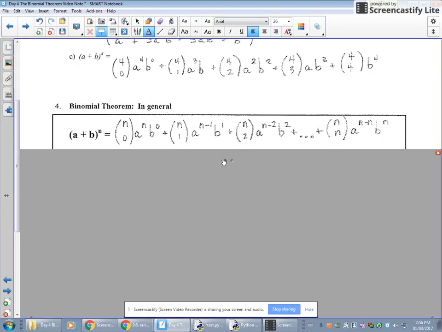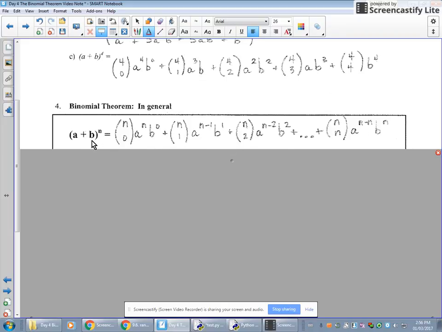Those are the coefficients. Our variables: we take the first variable a, and that goes up to the power of n, and then that's going to subsequently decrease by 1. a to the n, a to the n minus 1, a to the n minus 2, all the way until we get a to the n minus n, or a to the 0.